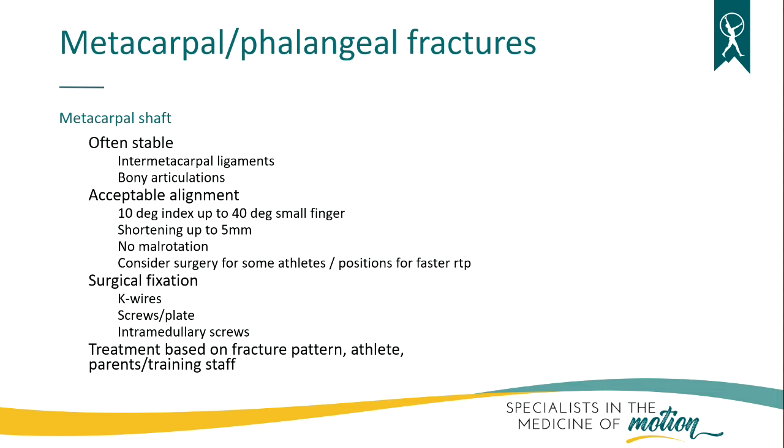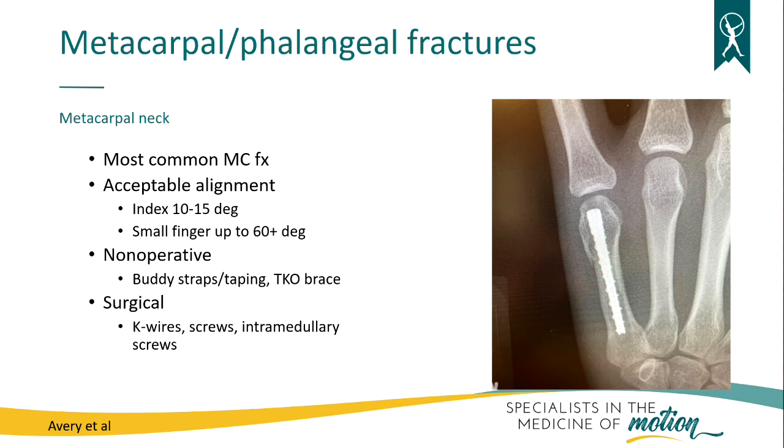Wires, screws, plates, and other constructs can be utilized in the patients who are unstable or need to be fixed. Some of these are pretty stout implants. A patient with this implant could potentially go back to play as soon as the wound is healed, maybe with a little gutter orthosis, or perhaps a slightly bigger, more protective orthosis, but we can get these guys back pretty rapidly if it's a stable fixation.